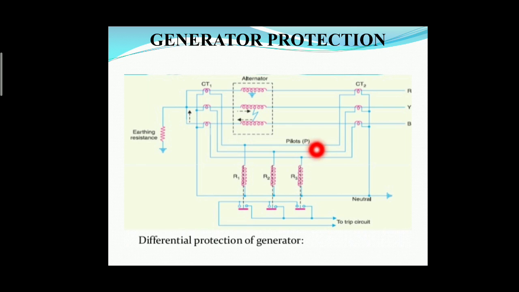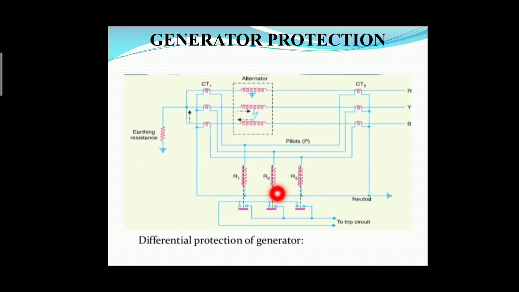Under normal operating conditions, the difference between CT1 and CT2 will be equal to 0, and then zero current will flow through this operating coil.